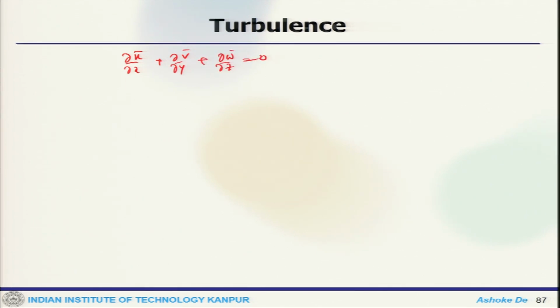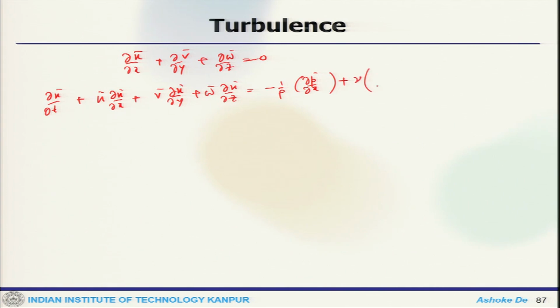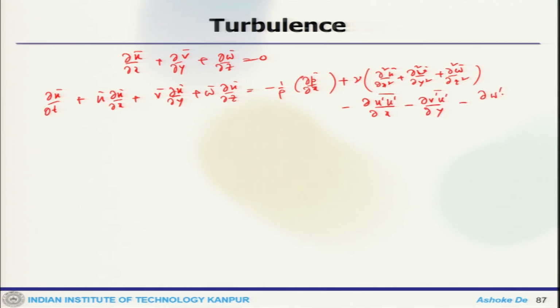This is 0, then del u by del t plus u del u by del x plus v del u by del y plus w del u by del z equals minus 1 by rho del p by del x plus nu times del 2u by del x2 plus del 2u by del y2, minus del u prime u prime by del x, v prime u prime by del y, w prime u prime by del z.